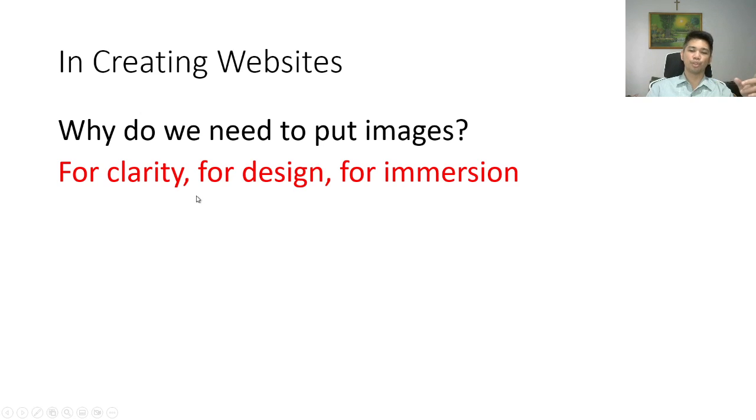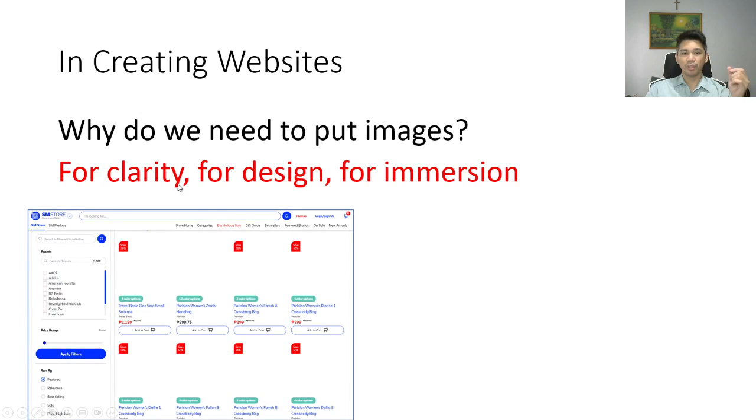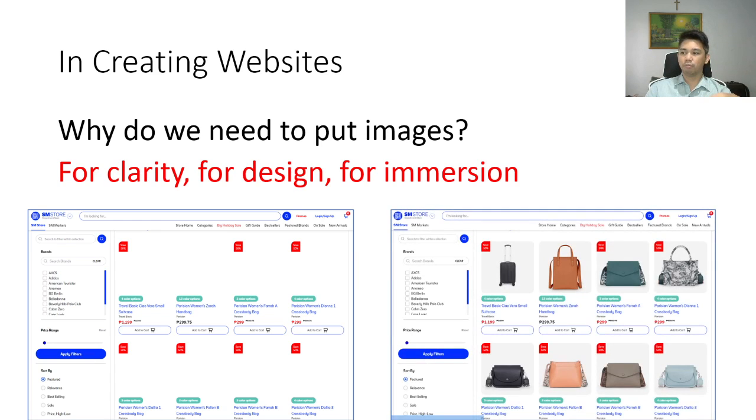Now, the next question that must pop into your minds is, oh wait, I have an image here. So from the blank website with no images, if we put images, there will be better clarity for the users.